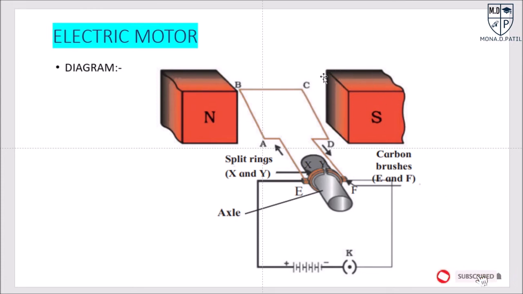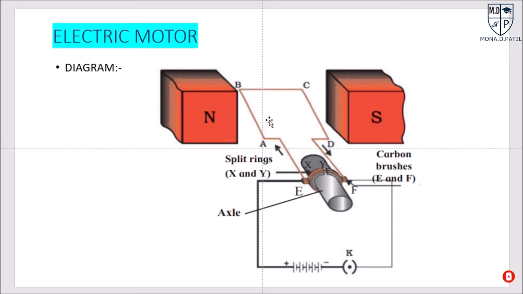After half rotation, the two halves of the split ring X and Y come in contact with the carbon brushes E and F respectively, and then the current in the loop starts flowing in the direction DCBA.